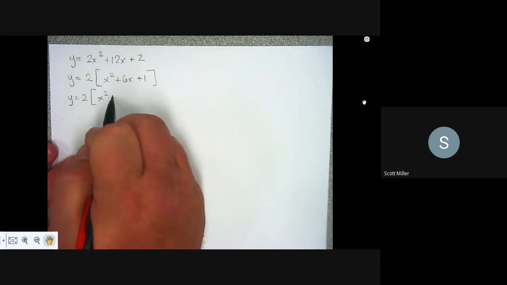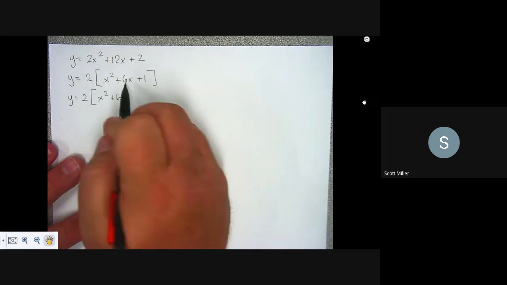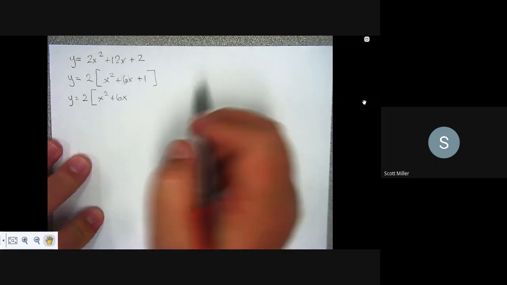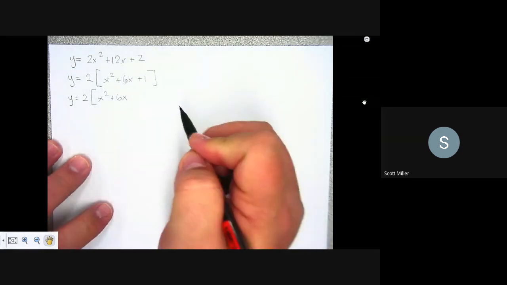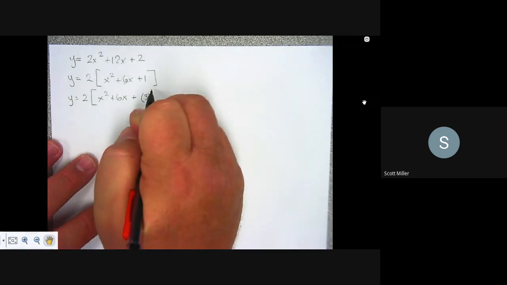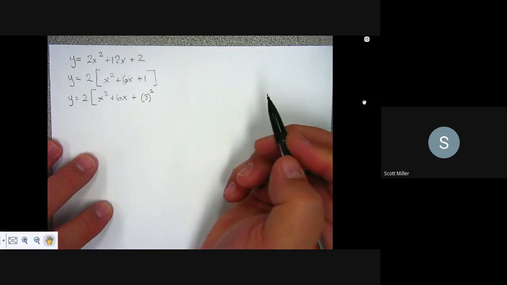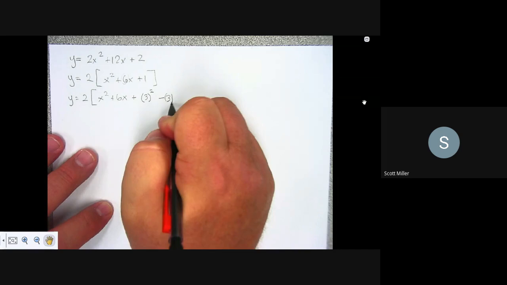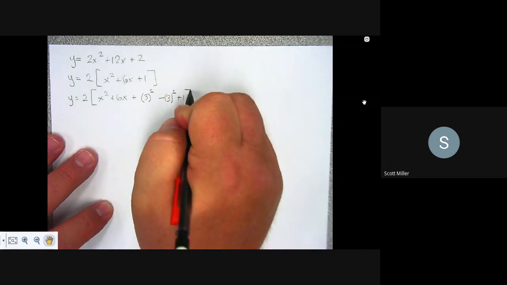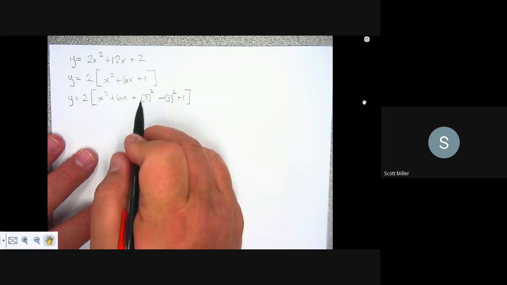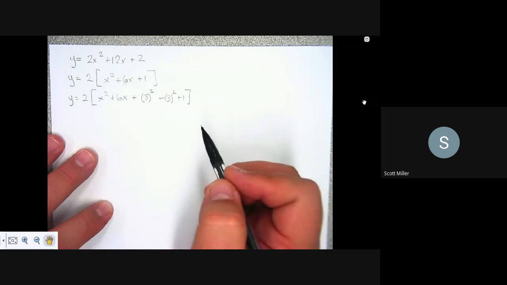There's the x squared, there's the 6x, and then I have to take this number and divide it by 2, and then square it. So 6 divided by 2 is 3, and I have to square it. And then I immediately subtract the same thing, and then there's the plus 1 that I moved out of the way. So I can stick these two things in there. See, so I'm adding 9 and subtracting 9 at the exact same moment.